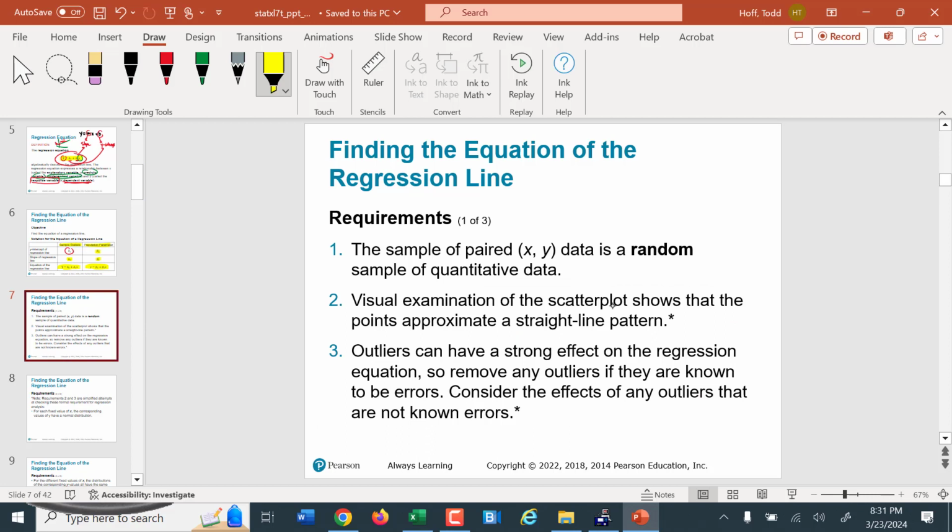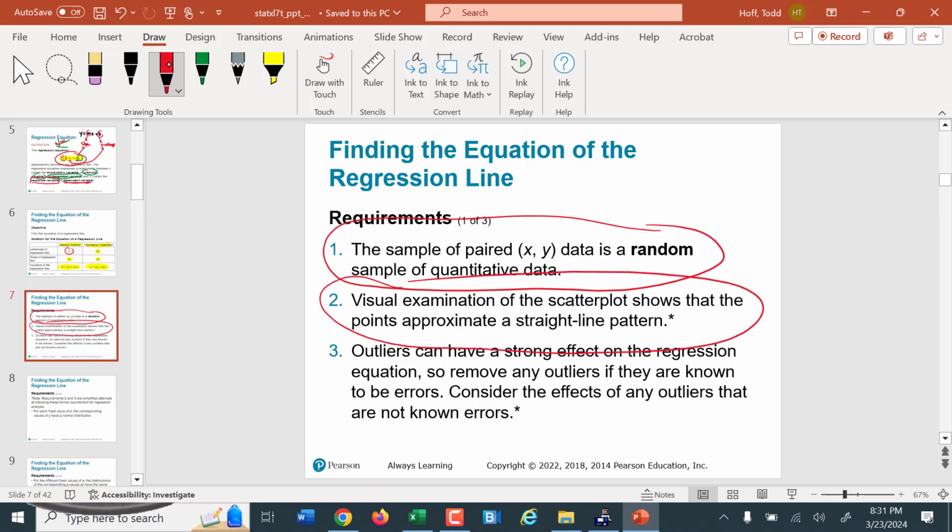Some of our requirements to do a regression test: the ordered pairs that are selected must be a simple random sample from the population of ordered pairs. So the same requirement as we had for a correlation, and the other ones are the same as well. Visual examination must show that it is approximately a linear pattern in the data points.